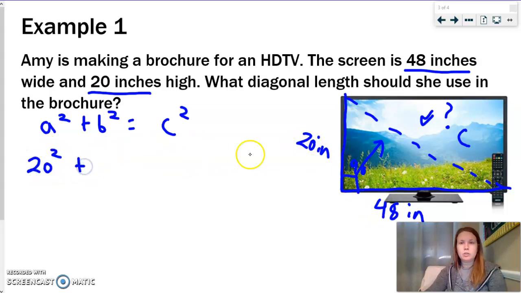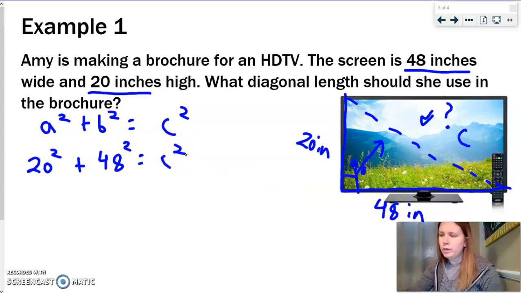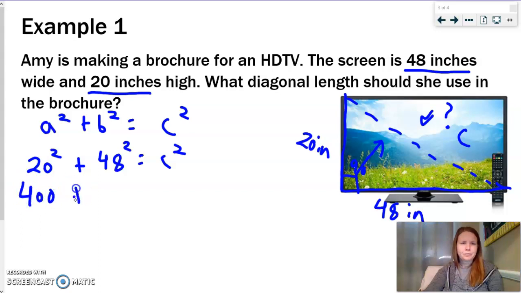And then since I used 20 for this one, I have to use the other leg, which was 48 squared, equals c squared. Now I've got to figure out what 20 squared is and 48 squared is. I forgot my calculator, but I can use my phone too. 20 times 20, or 20 squared. I should have known that one off the top of my head, which is 400.